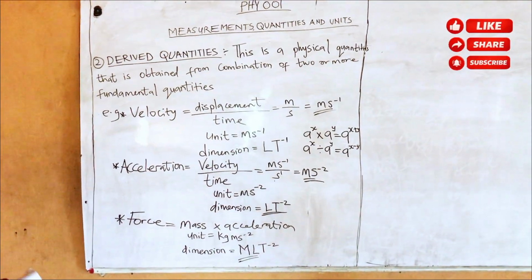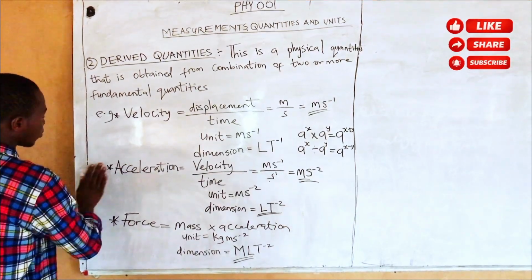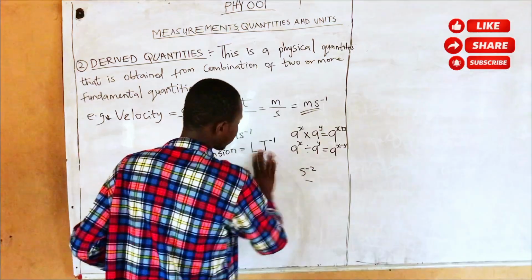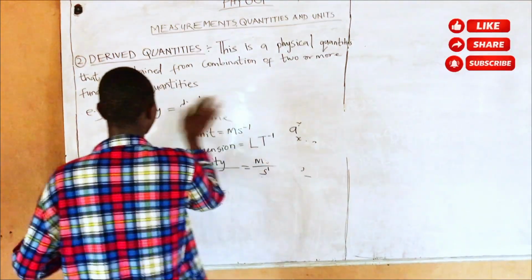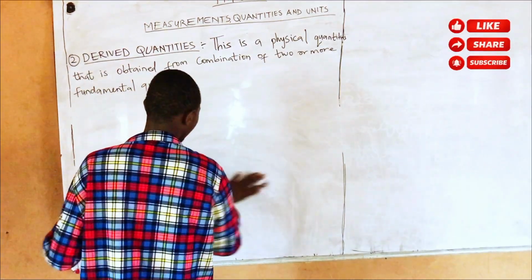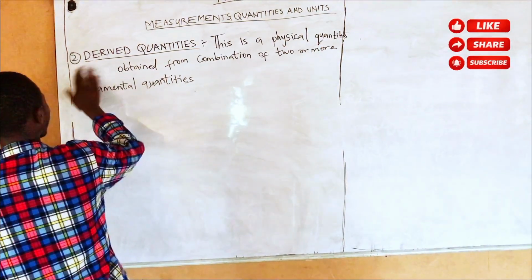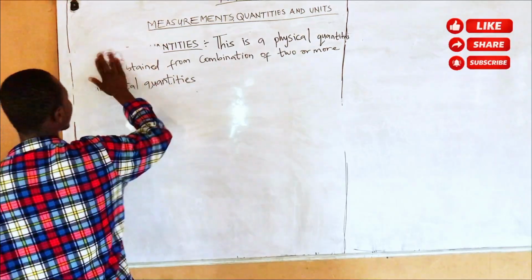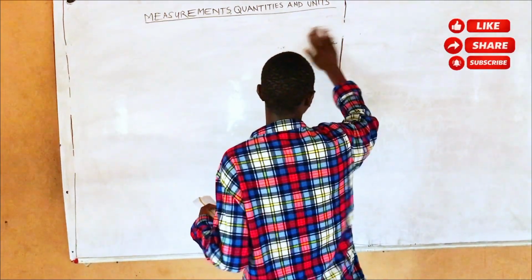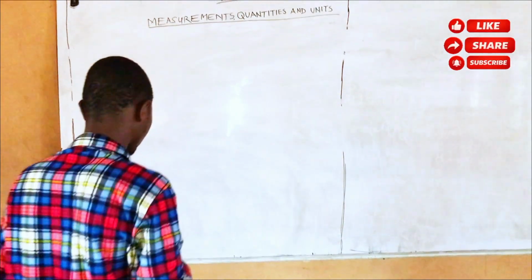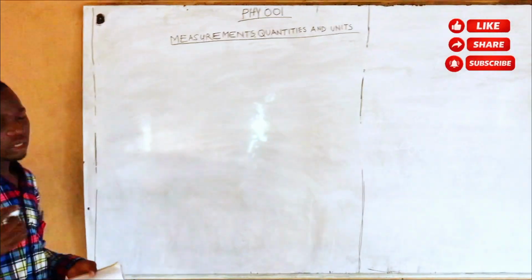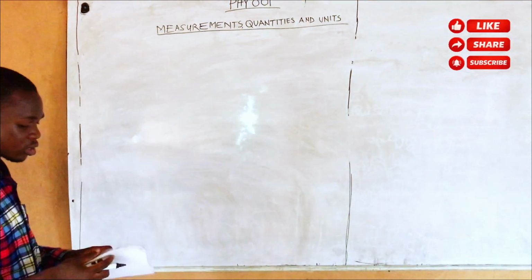Let's move on to other quantities. So our first quantity is fundamental quantity. Our second quantity was derived quantity.